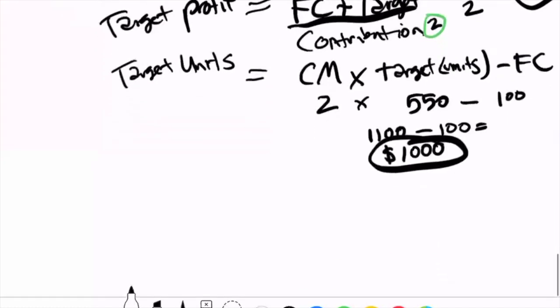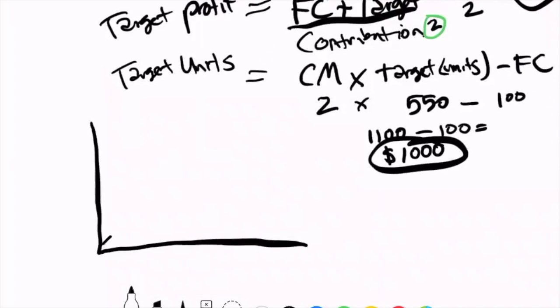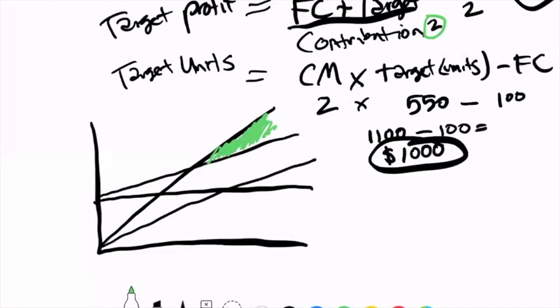So in addition to that, we could also look at our margin of safety. So when you look at a break-even analysis, your margin of safety is once you clear the break-even point.